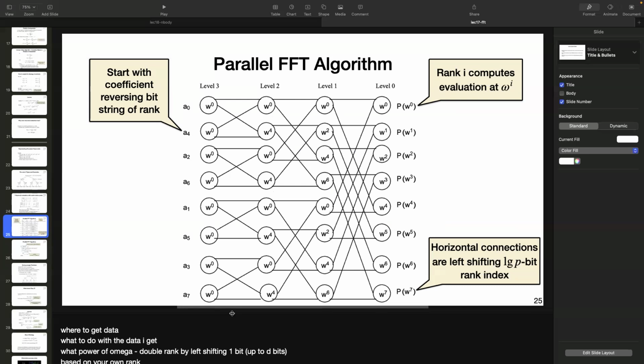And 4 is 0, 0, 1 flipped. And 2 is just 0, 1, 0, so it's the same if you reverse it. And 6 is 0, 1, 1 flipped, because 6 is 1, 1, 0. So the ranks go from 0 up to 7, and the coefficient that each rank computes is the reverse of its own bit string.